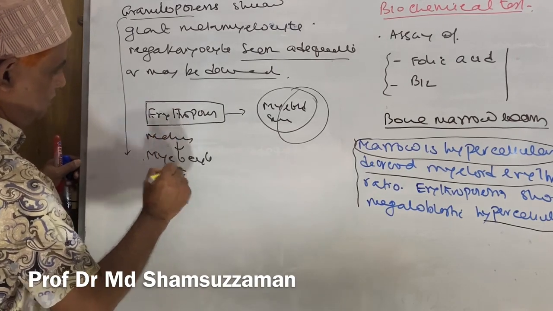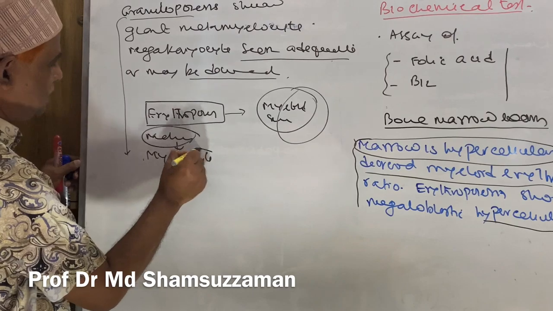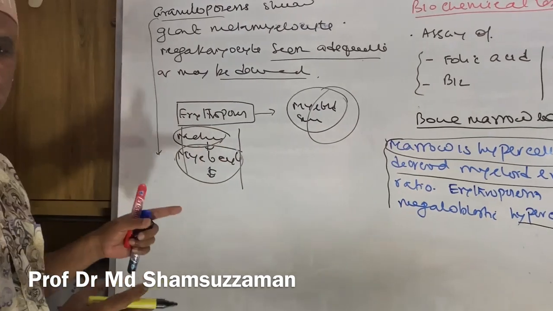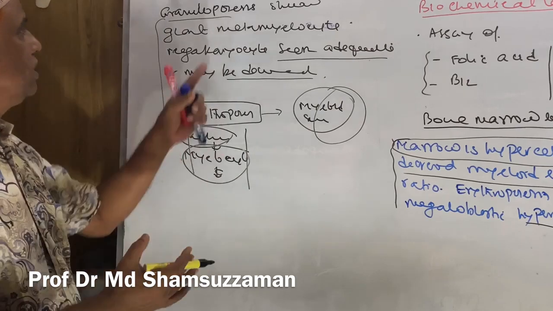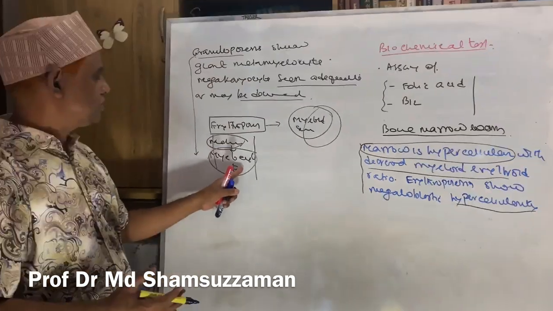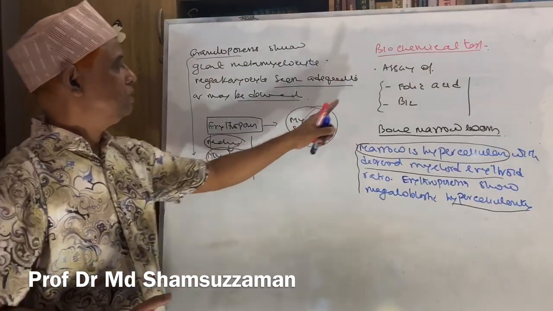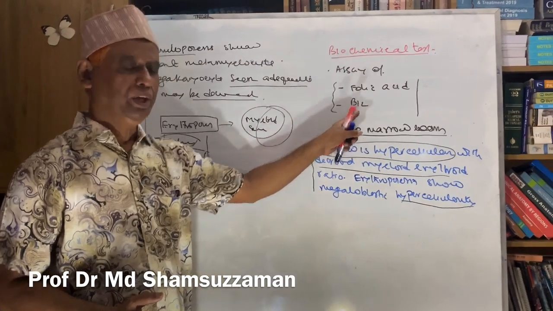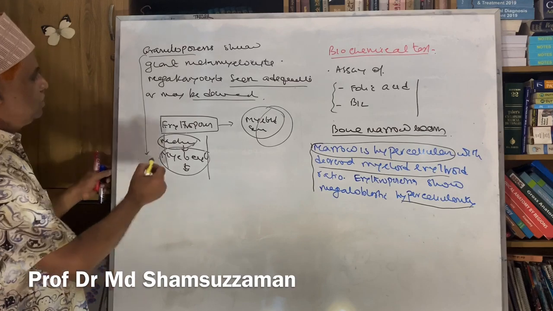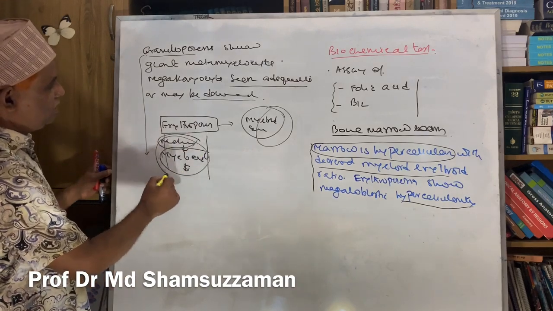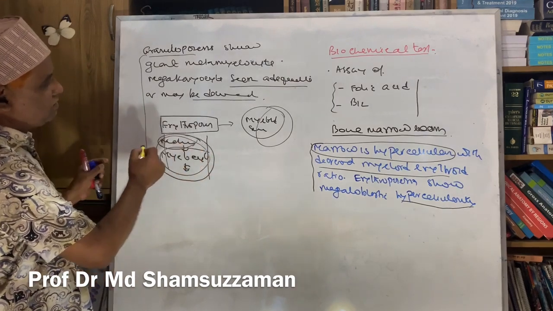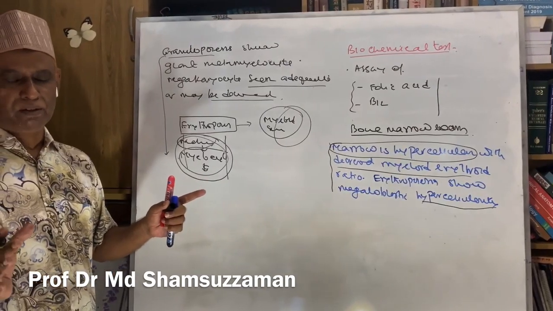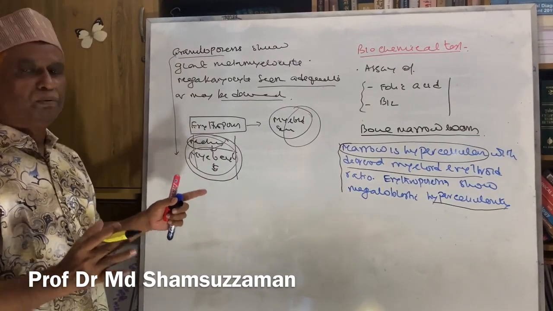These are the stages of granulopoiesis, and for their maturation, they need folic acid and vitamin B12. If there is deficiency of these, there is maturation arrest, so there is development of giant metamyelocyte, not the usual size of myelocyte, rather giant metamyelocyte.